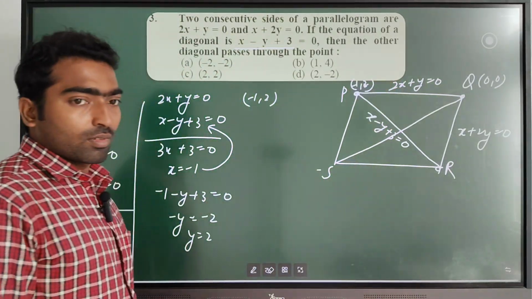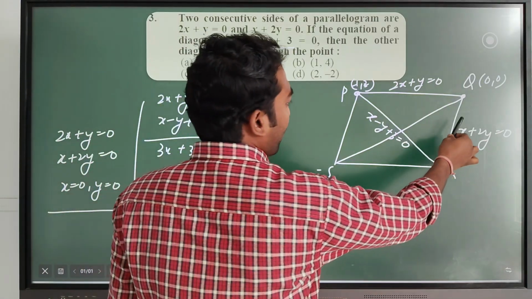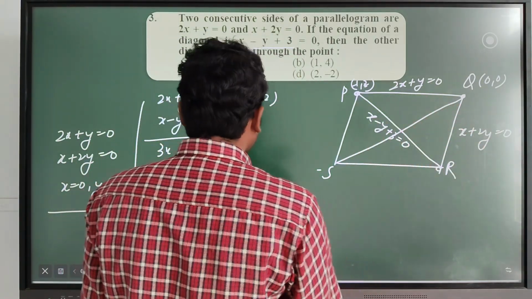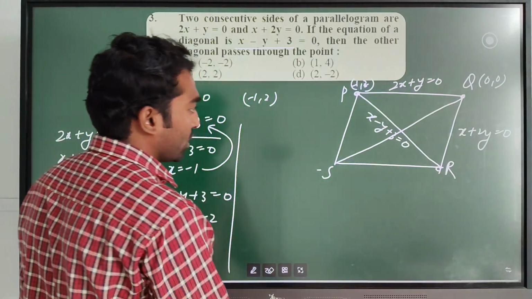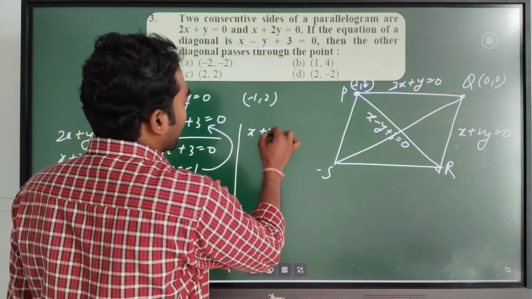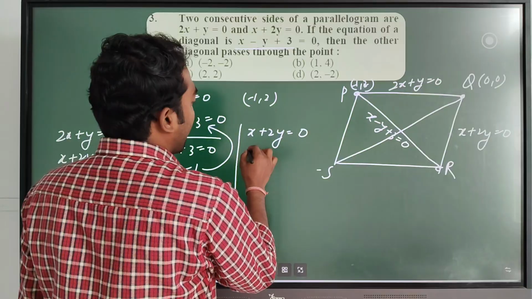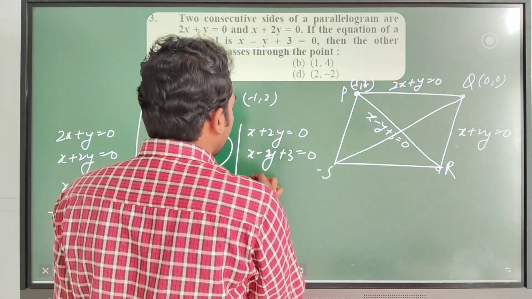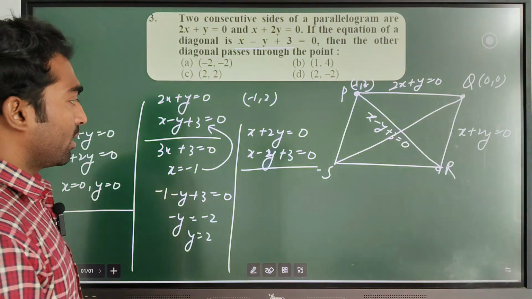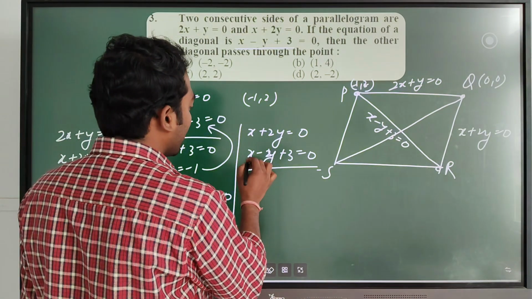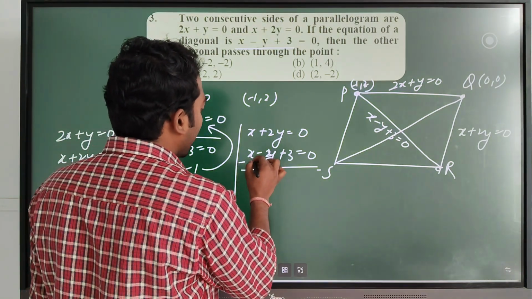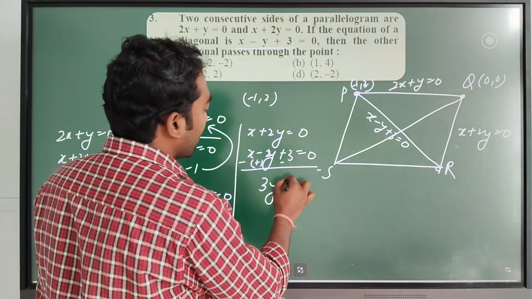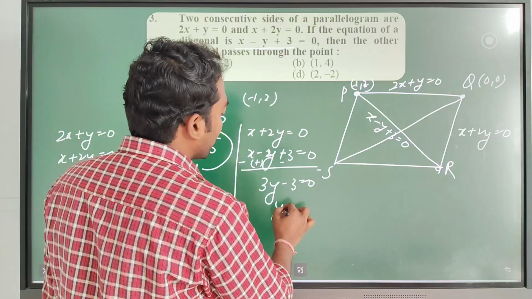Similarly, the intersection of x plus 2y is equals to 0 and x minus y plus 3 is equals to 0 will be the coordinate of R. So x plus 2y is equals to 0 and x minus y plus 3 is equals to 0. Now subtract both these equations. Subtracting, you change the signs, so x and x cancel out, which means 3y minus 3 is equals to 0, or y is equals to 1.